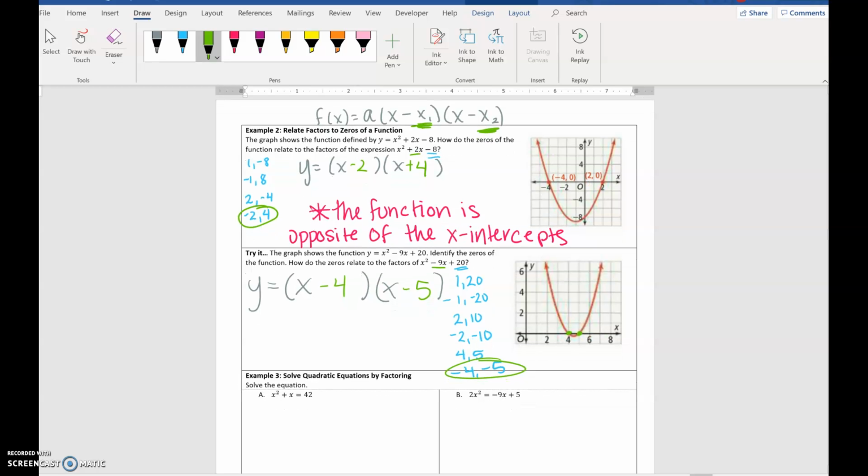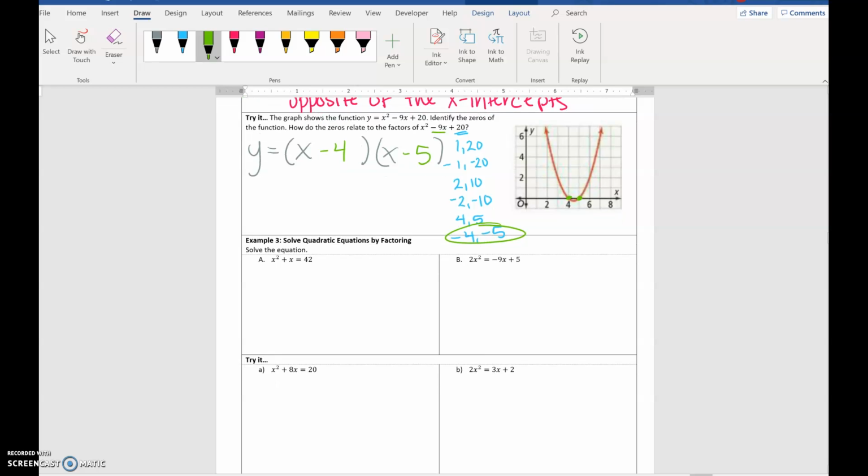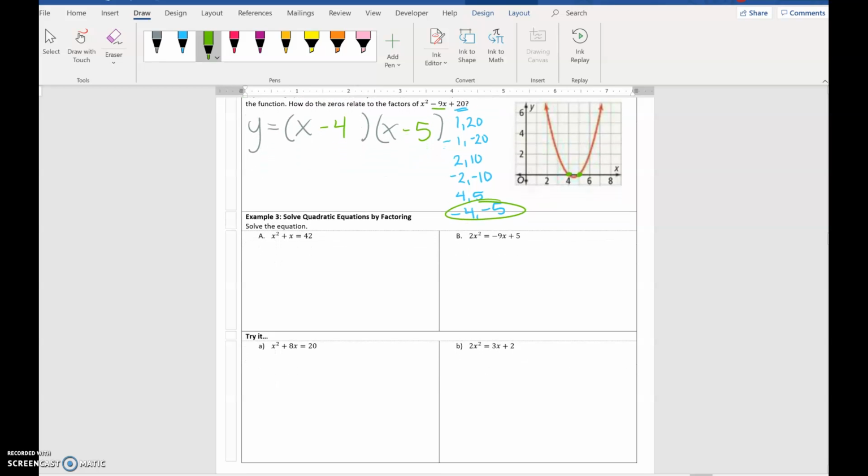So now, let's go ahead and look at actually solving by factoring. So we're going to find the x-intercepts by factoring. So we have solved the equation. So again, we're going to solve this by factoring. So the very first step is we're going to get it equal to 0.